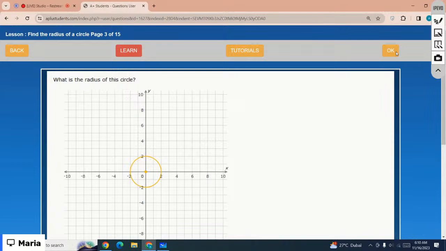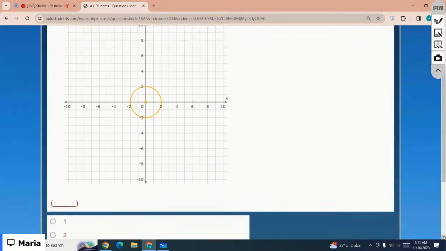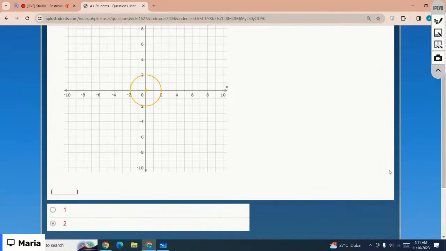What is the radius of the circle? Yes, the radius of the circle is very good. The correct option is 2.